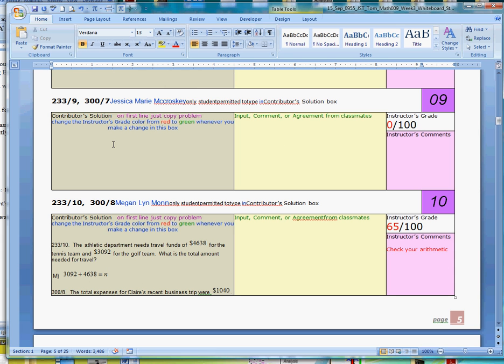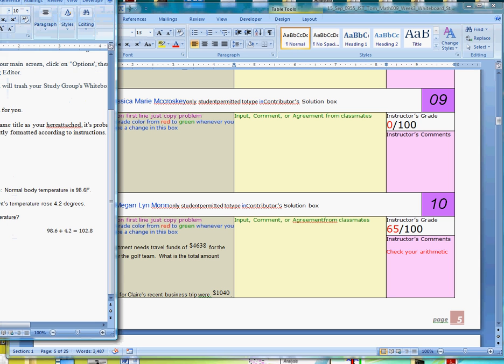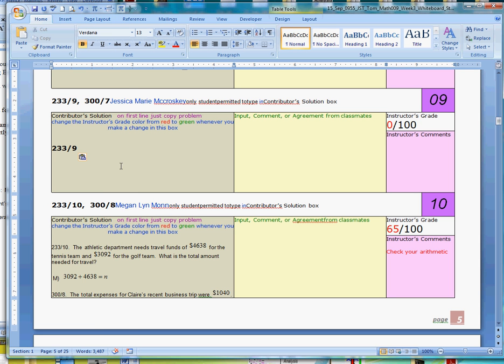Oh, here's another one. It says 233, 9, and 307. Well, I'm going to assume that 233.9 is a word problem. I'm going to assume that the problem is: I paid $20 for a meal.